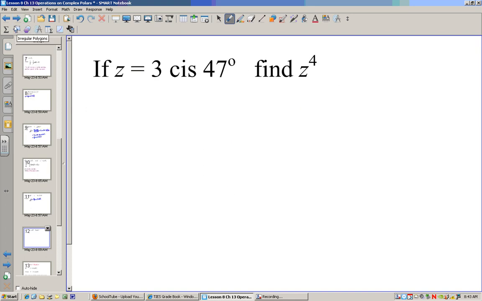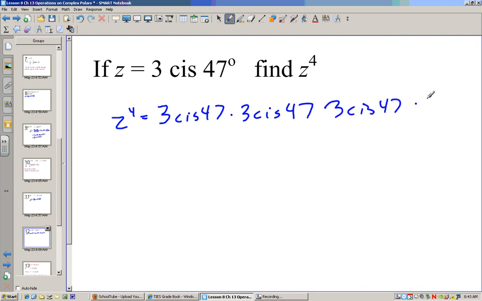All right, so now if we are looking for z to the fourth, that's like saying 3 CIS 47 times 3 CIS 47 times 3 CIS 47 times 3 CIS 47, which is the same thing as saying 3 times 3 times 3 times 3, or 3 to the fourth, CIS 47 plus 47 plus 47 plus 47, or 4 times 47.